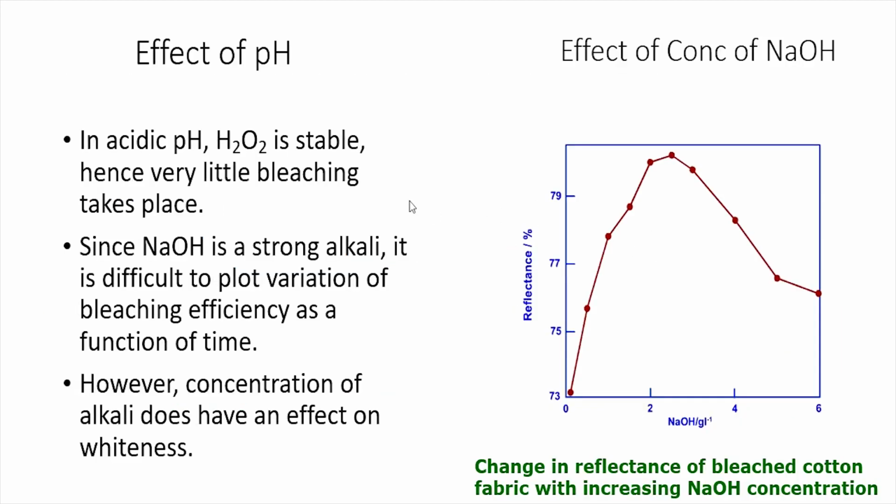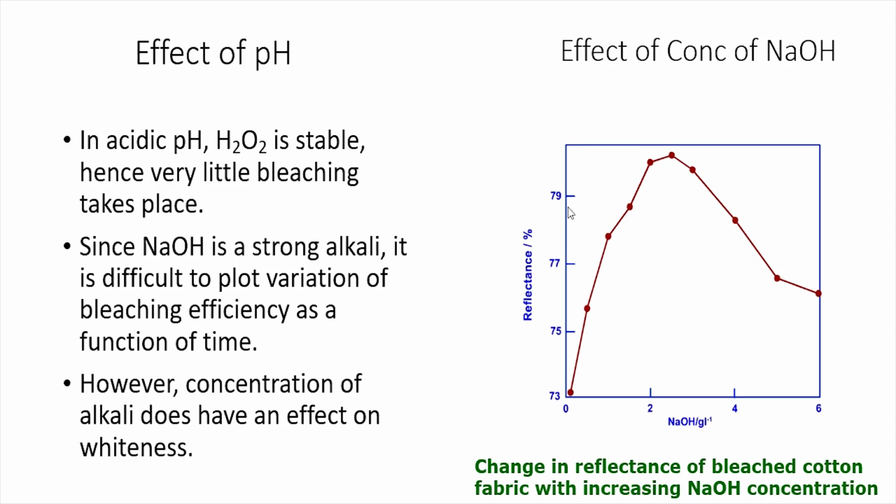And effect of pH. So in acidic pH, H2O2 is more stable, and there is no bleaching that takes place in acidic pH. And when you increase the pH to alkaline, the rate of decomposition is increased, and that will bleach, or that will oxidize your natural coloring matters present in the cotton fiber.